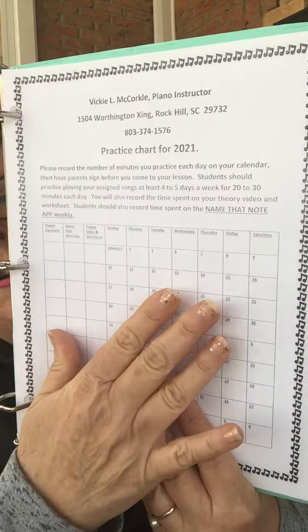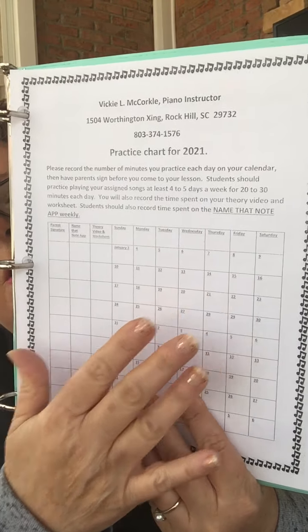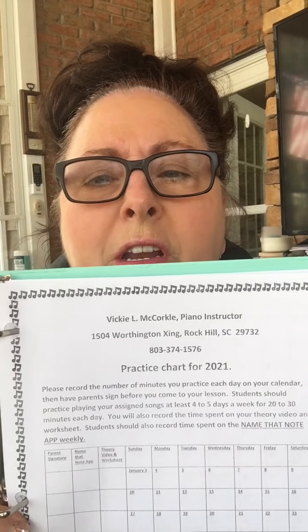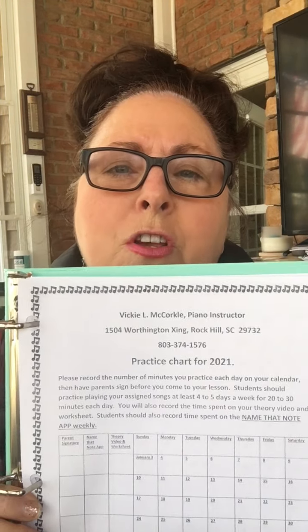So make sure you're completing your calendar for your practice, and then you check off that you've done your worksheet and your video, and also the Name That Note app. I just want to get everybody back on track. Some of you are doing a great job with that. Others need a little work, so let's just try to improve on that.